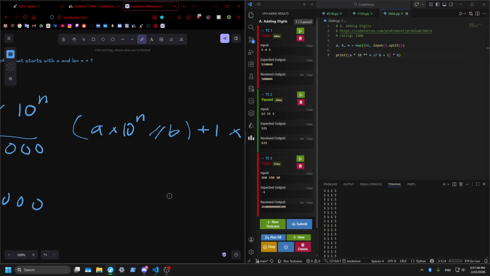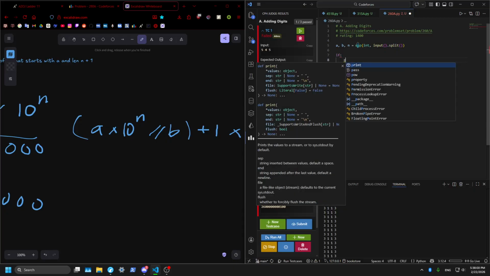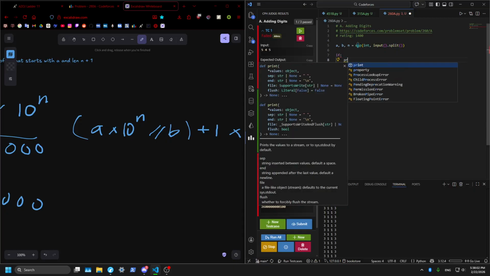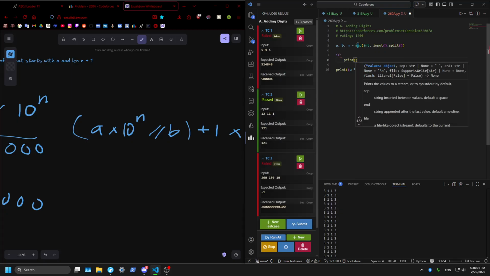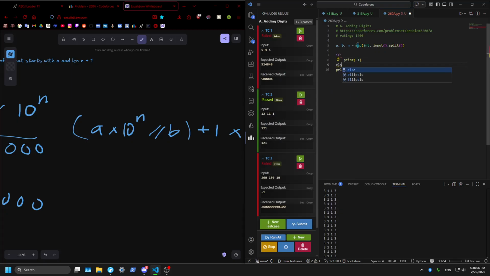Although, so now it becomes a case of, if impossible, print -1, else print this, right? So how do we check if it's possible or not?